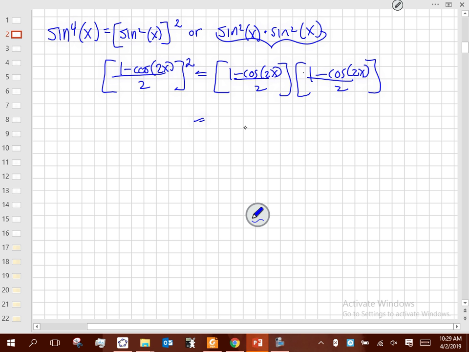So 1 times 1 would give me 1, right? Okay. Multiply these together. O and I are going to eventually give you negative 2 cosine of 2x. And then last times last will give me cosine squared of 2x.